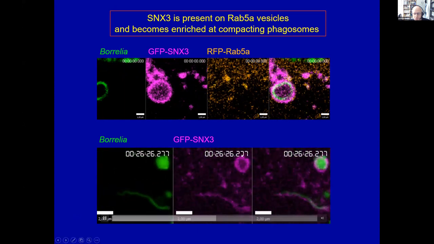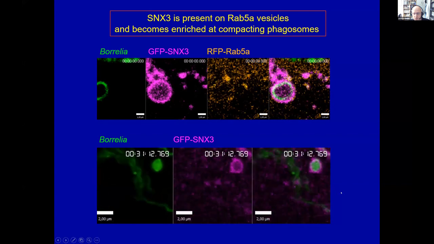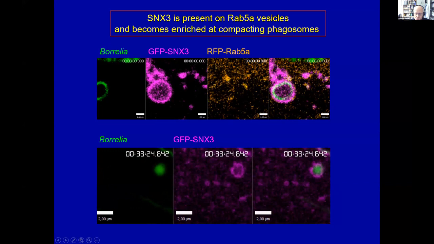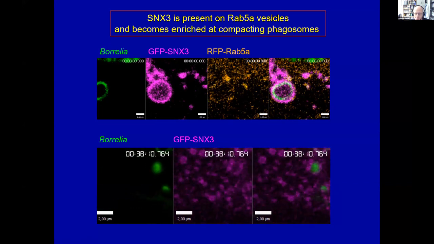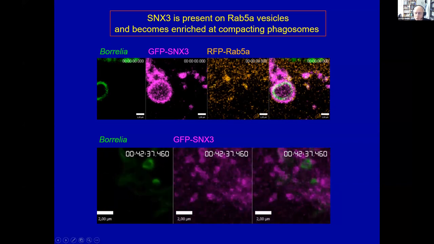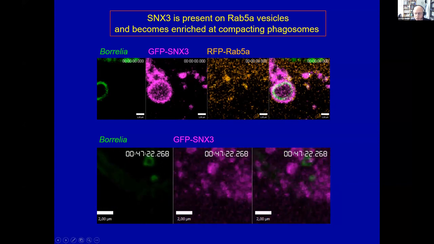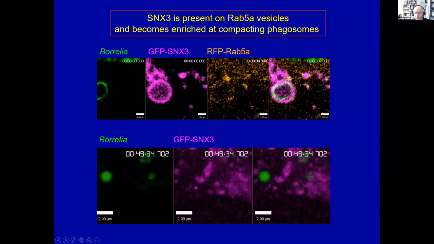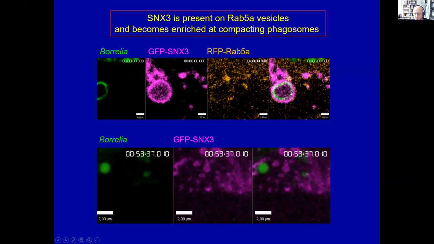Here's the next one, again positive for SNX3. So that means this sorting nexin is really a prominent component, both of the phagosomal coat and also of these RAP5 positive vesicles. And that led us to the hypothesis that these RAP5 positive vesicles might bring in the SNX3 that is then being handed over to the phagosomal coat.